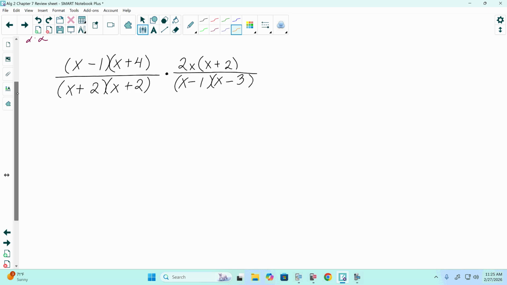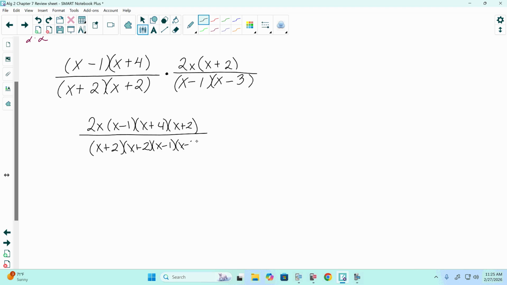We'll multiply everything together. I'm going to move the 2x to the front, giving us 2x times x minus 1 times x plus 4 times x plus 2. On bottom, we have x plus 2 times x plus 2 times x minus 1 times x minus 3.